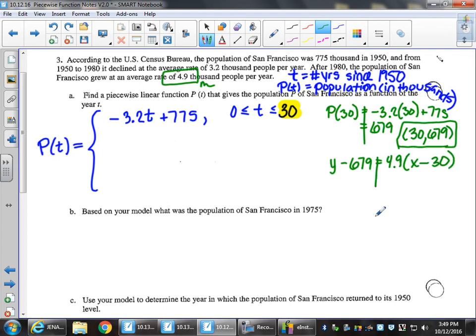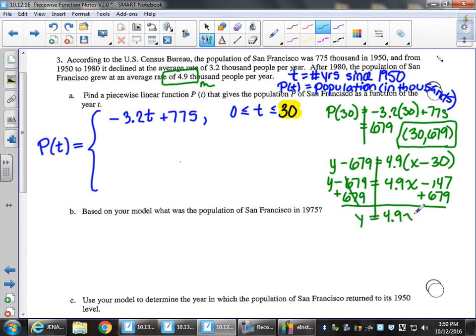So let's solve that. y minus 679 equals 4.9x minus 147. I add 679 to both sides. We get y equals 4.9x plus 679.